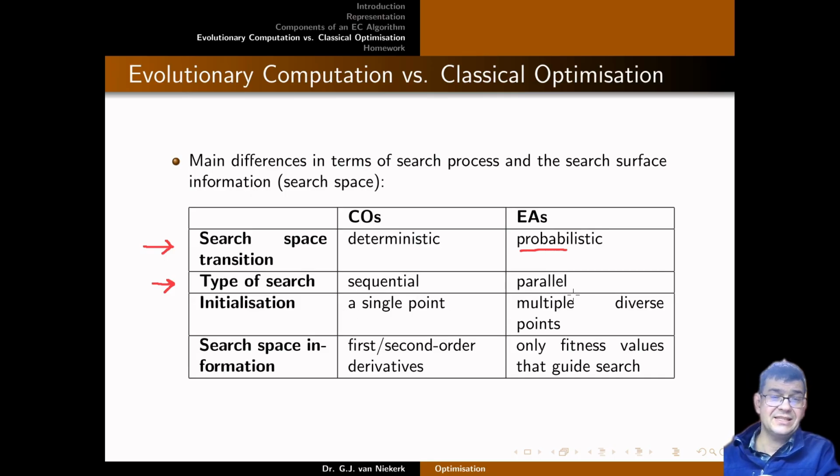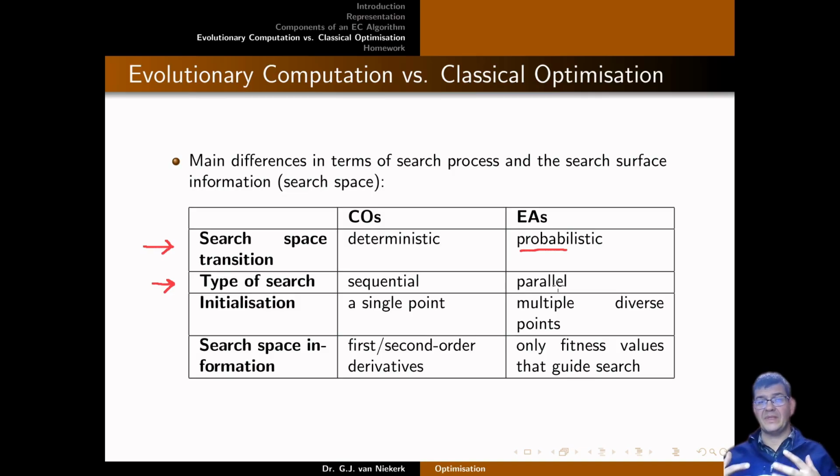With EAs, and this is a huge advantage, it's parallel, because you have multiple parents or multiple individuals in the population, and each one of them might be optimizing a different part of the problem. And of course, you can literally parallelize this as well on multiple CPUs to make it even faster. But it's not a sequential process. It's parallel, and one part of the population might make changes to one area, while another makes changes to another area, and then over time they might combine that.